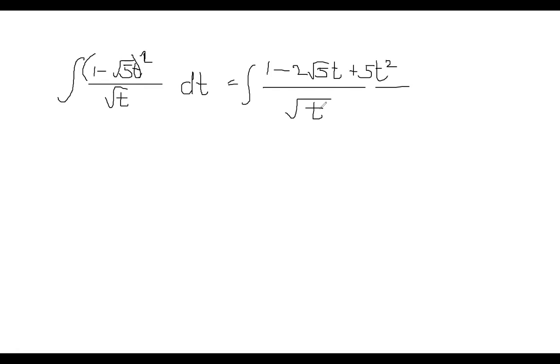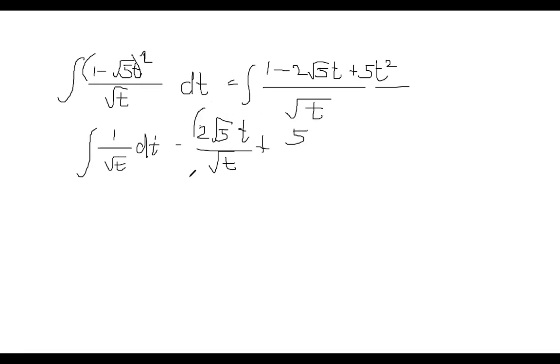If we separate the terms, we will come up with the integral of 1 over square root of t dt minus 2 square root of 5 t over square root of t dt plus 5t squared over square root of t dt.